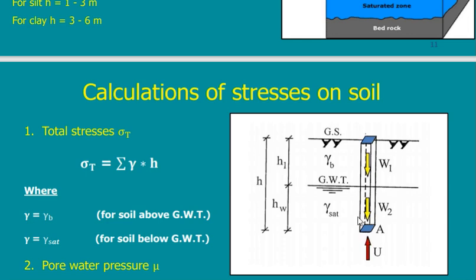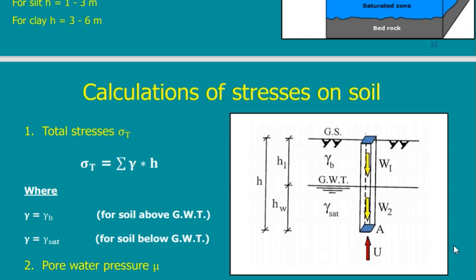What is above it? Above it is this column of soil, which has a weight of W1, and this column of soil, which has the weight of W2. You remember something about gamma bulk and gamma saturated? We studied this last year?